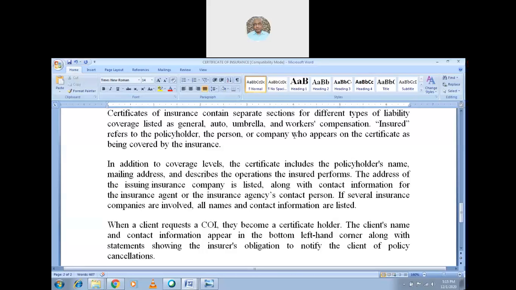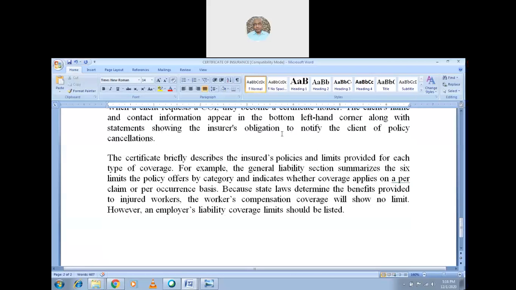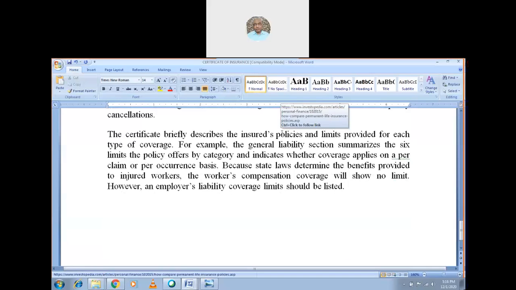So the description should be given in the certificate regarding the client's name, and the contact information appears on the bottom left-hand corner, along with the statement showing the insurer's obligation to notify the clients of policy cancellations. The certificate briefly describes the insured policies and the limits provided for each type of coverage.